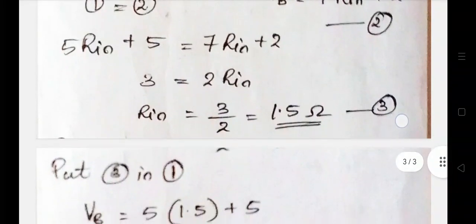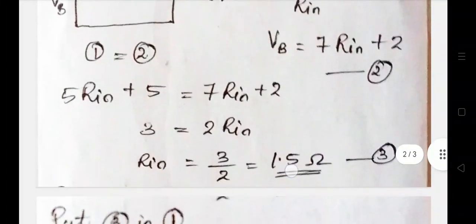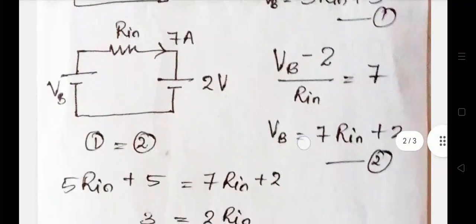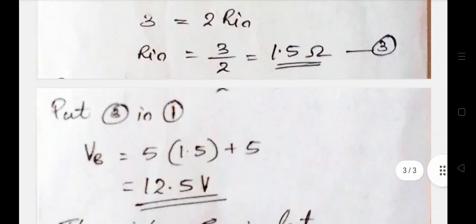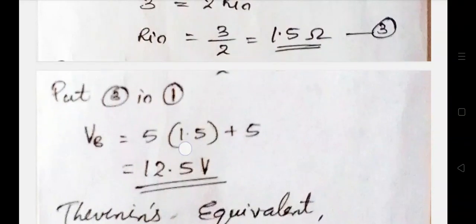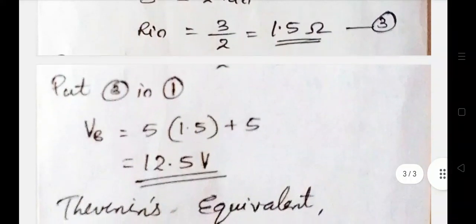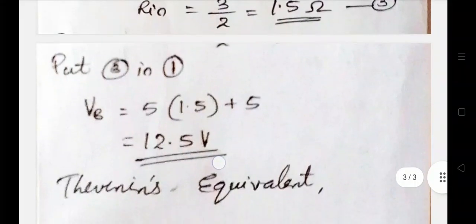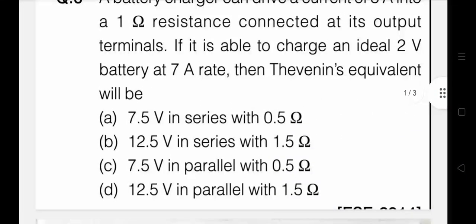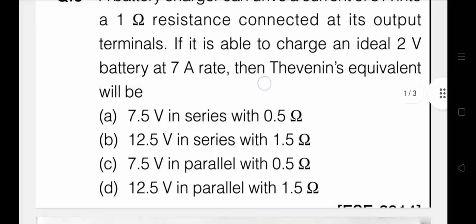Take it as equation 3. Now we put R in equal to 1.5 ohm in the first equation: VB equal to 5 into 1.5 plus 5, which is equal to 12.5 volt.